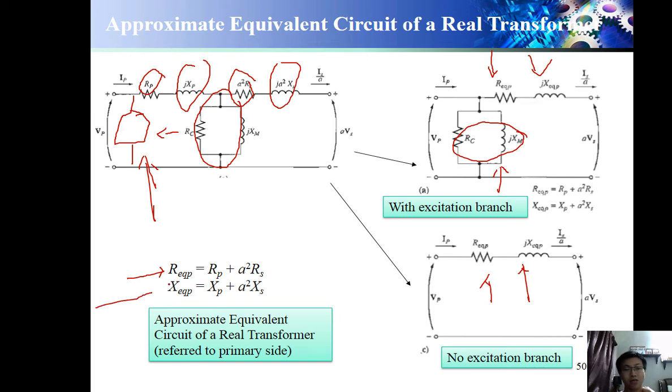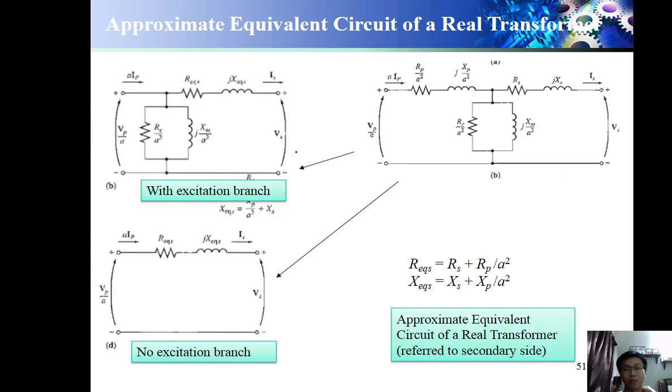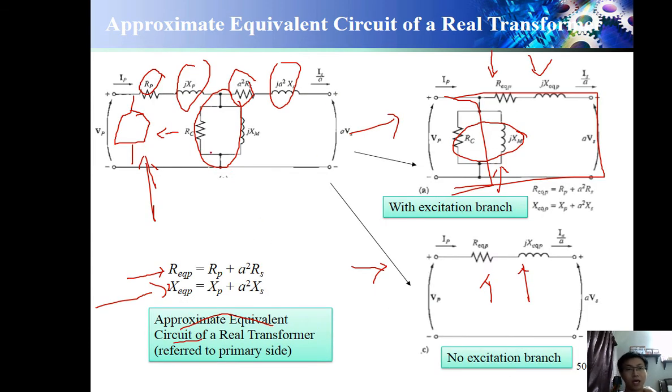And this equation you need to remember. So we call it the approximate equivalent circuit. This is the approximate equivalent circuit that we can use to analyze because we only have one branch here and another branch here.